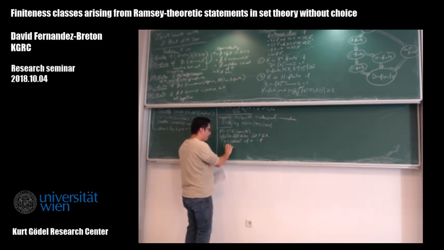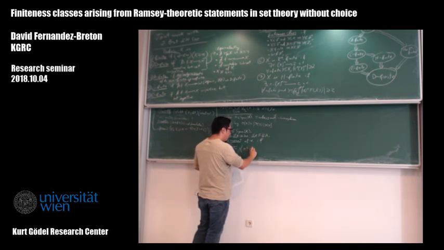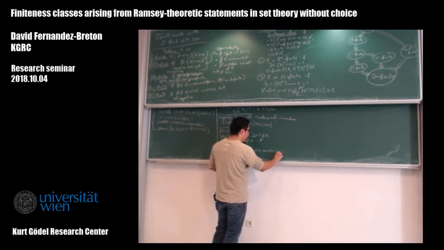If for every pi, sigma in my group of permutations, if pi does the same as sigma in F, then pi moves X to the exact same place as sigma.